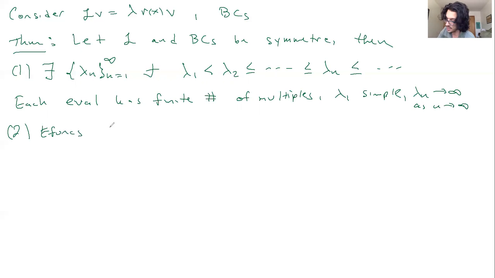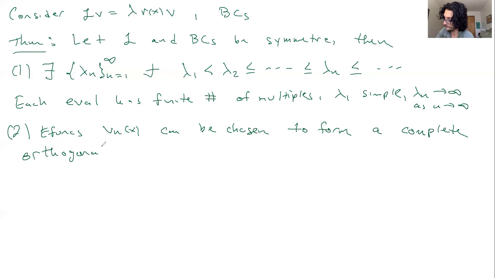The other thing is that eigenfunctions v_n of x can be chosen to form a complete orthogonal set. And they're orthogonal with respect to the L2 norm. Why is that good?